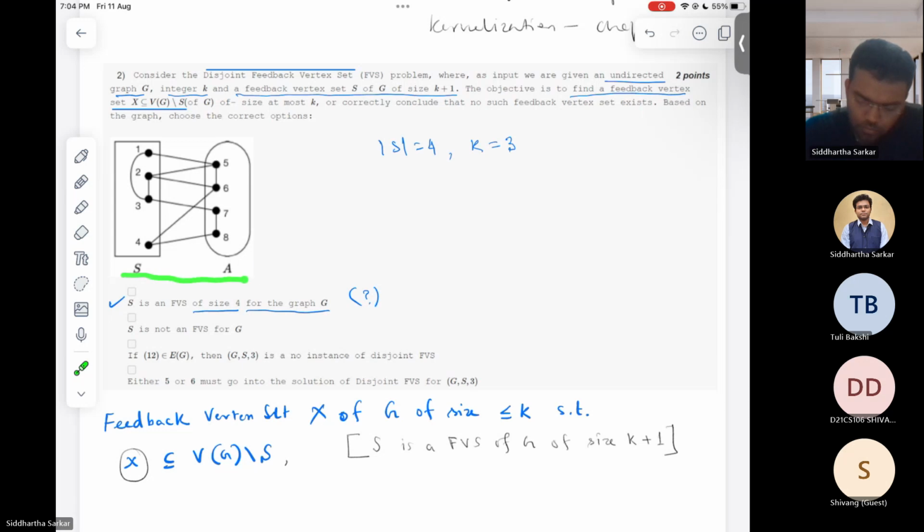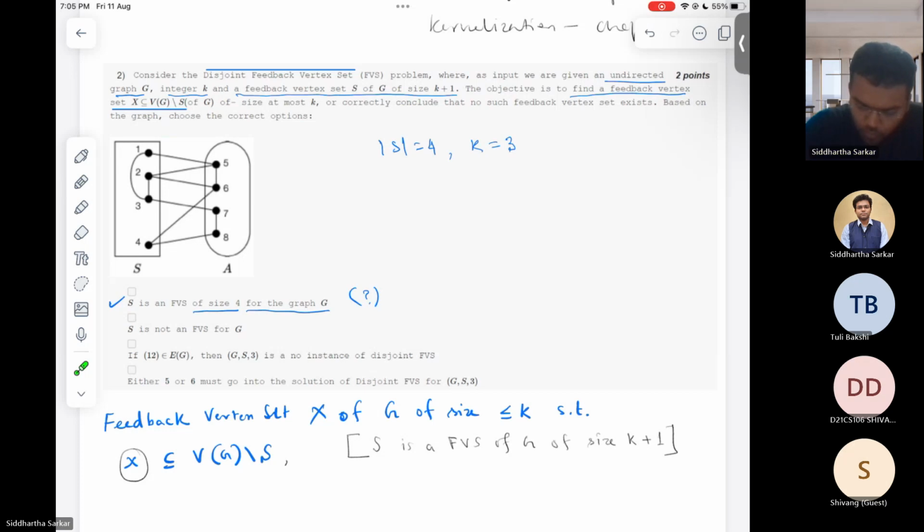Overall, there are 8 vertices. You remove 4 vertices. So how many vertices are you left with? Right, Shivang is saying there are 4 vertices you're left with.